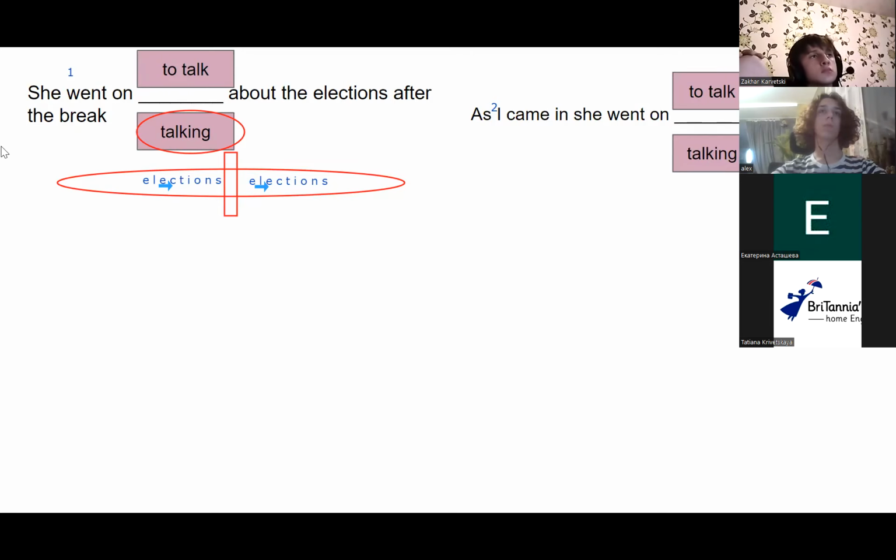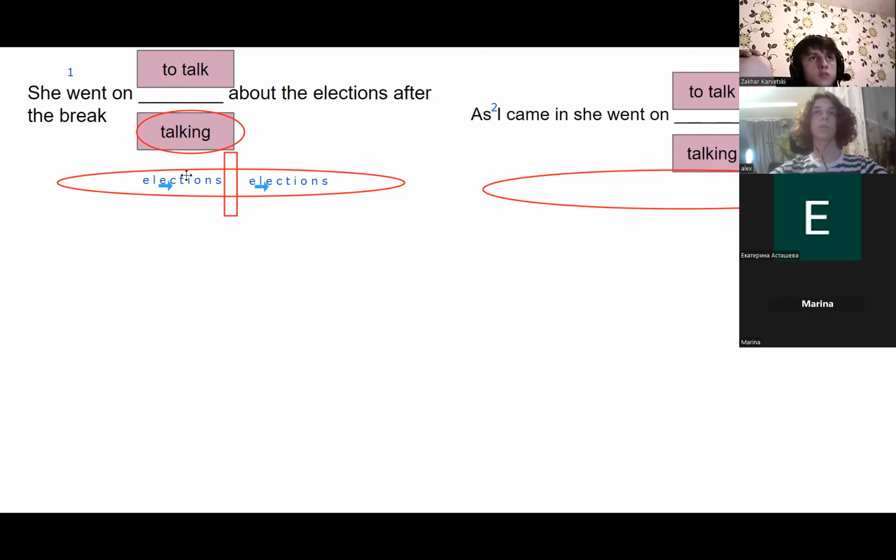The second example here, so for example, they were talking about the elections before I came. So let's say we have this elections topic in the beginning. Then when I came in, they decided to stop that topic. I came in here and the talking continued, but the topic was different, okay?